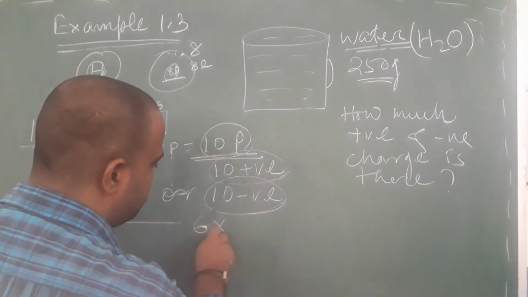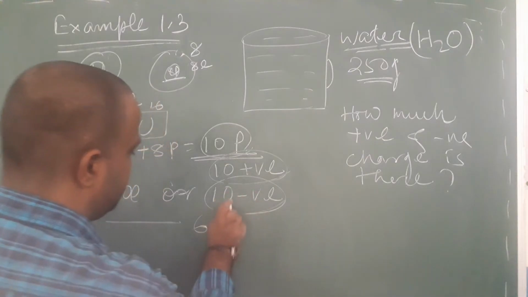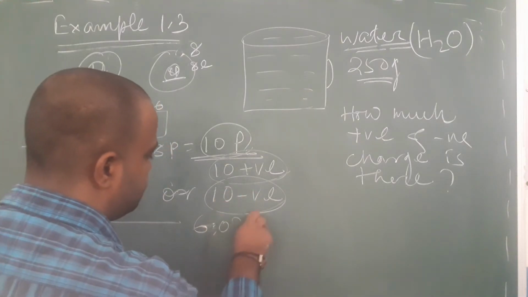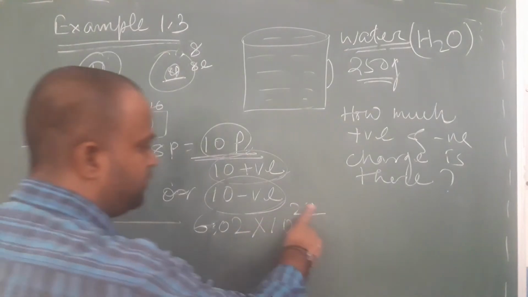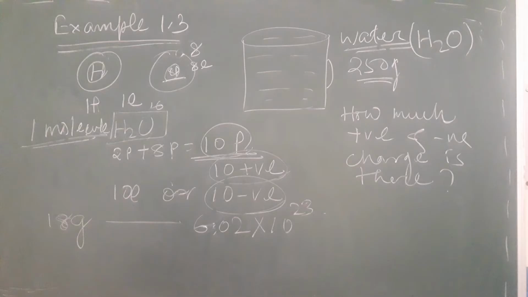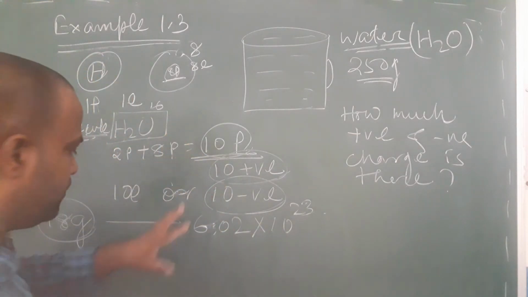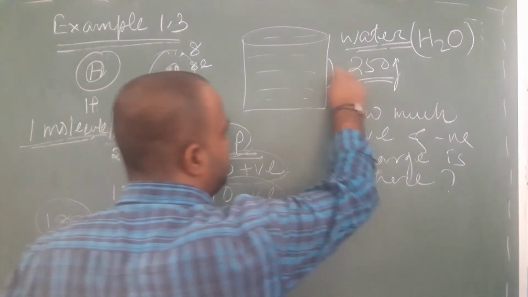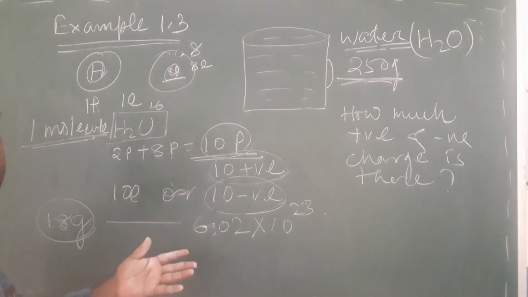Avogadro's number is 6.02 into 10 to the power 23. So Avogadro's number of molecules will be present in 18 gram of water. Now in 250 gram of water, how many H2O molecules are there?